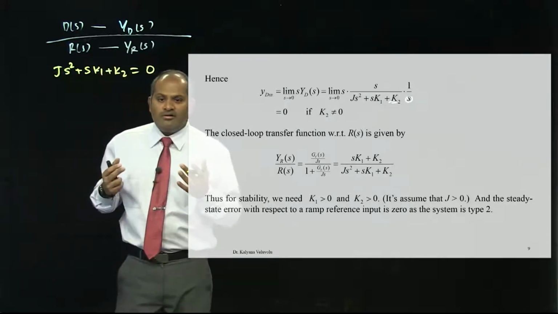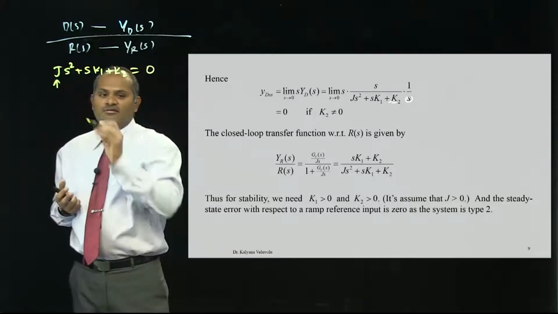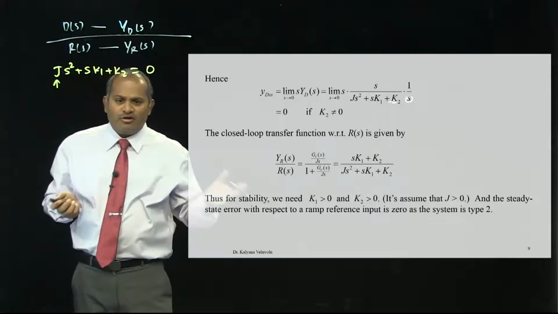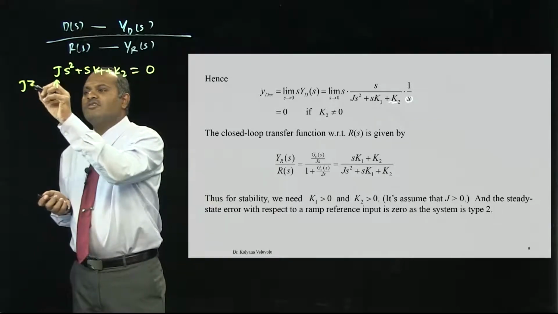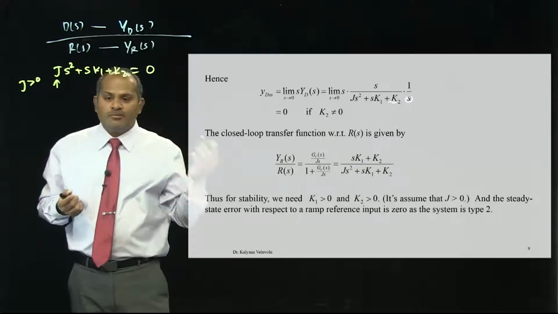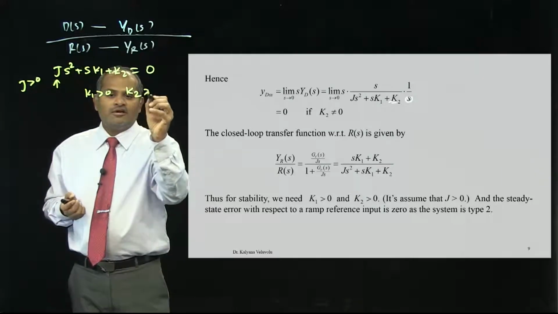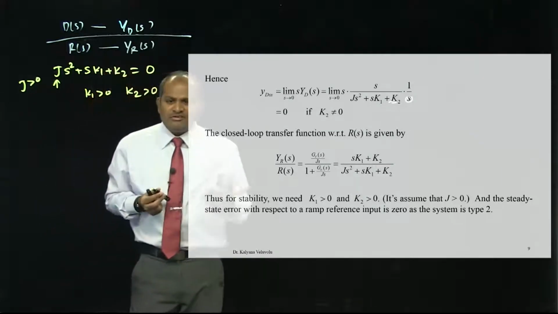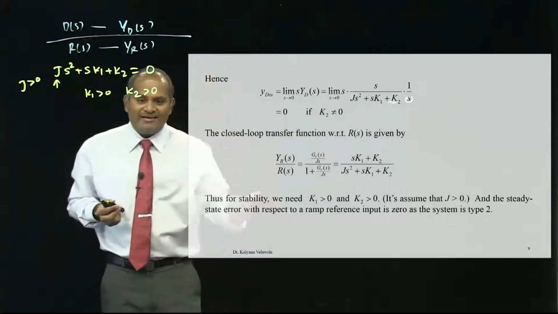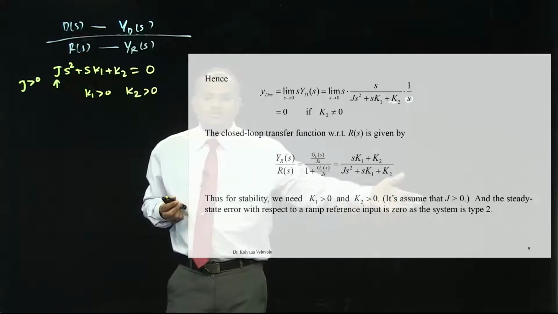This is our characteristic equation. J is a physical constant. Physical constants are not negative. J is always greater than 0. So, if the system has to be stable, all the coefficients should be positive. That means K1 is greater than 0, K2 greater than 0. So, very simple check. You can solve the Routh array, but you can also do it directly. For stability, we need K1, K2 greater than 0, because J is greater than 0.